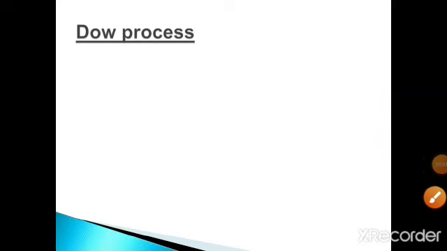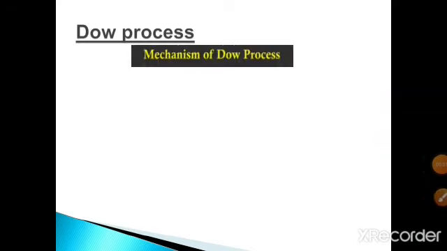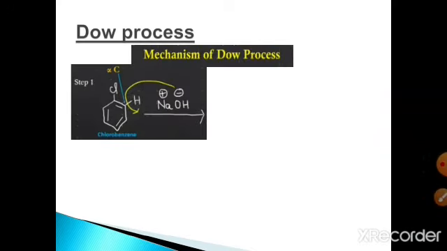Now let us discuss the mechanism of reaction. This reaction occurs in two steps. The base which is present in the reaction mixture removes the hydrogen from the alpha carbon. The carbon next to chlorine is known as alpha carbon, and the hydrogen present on this alpha carbon is known as alpha hydrogen.